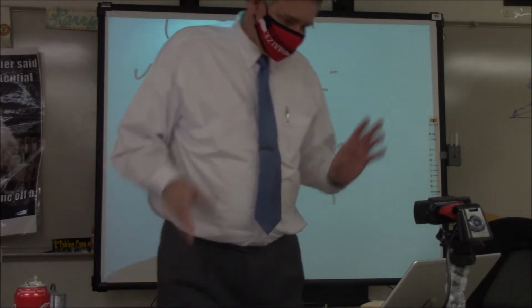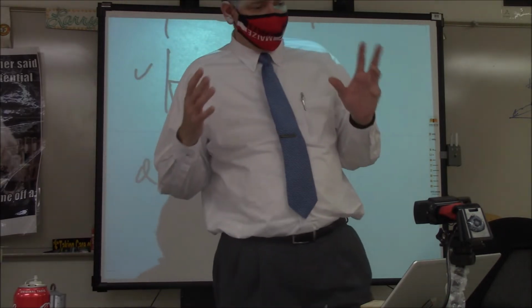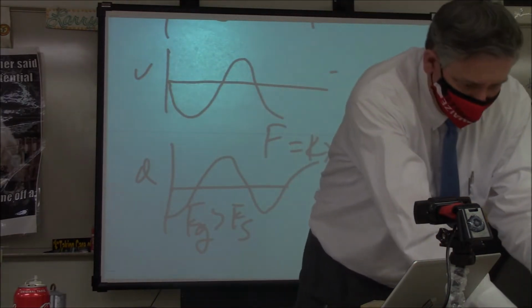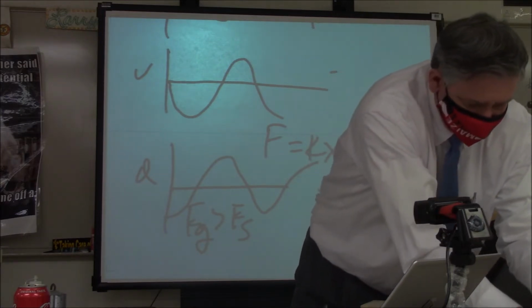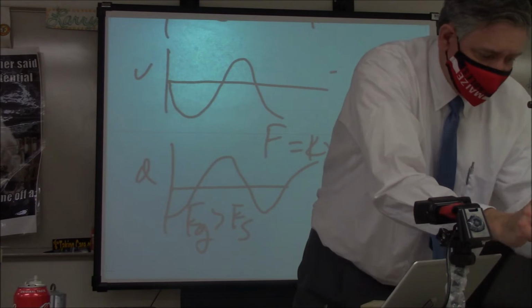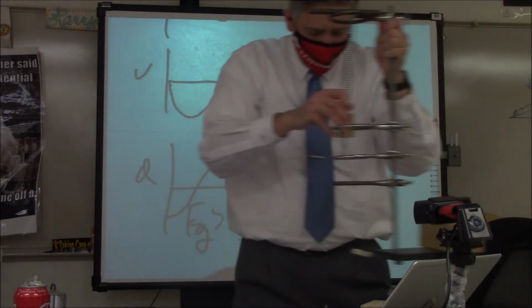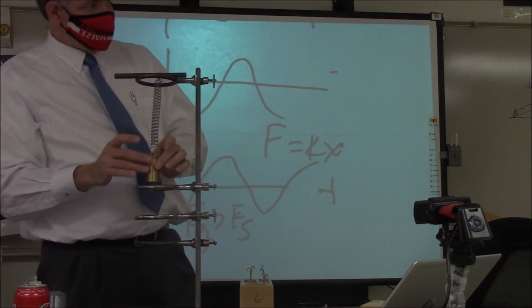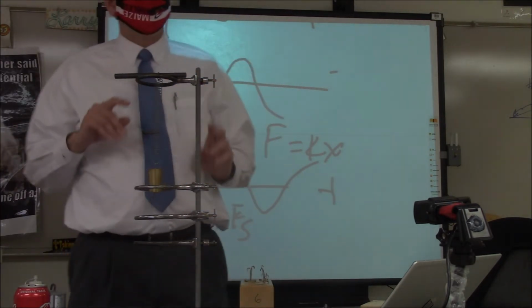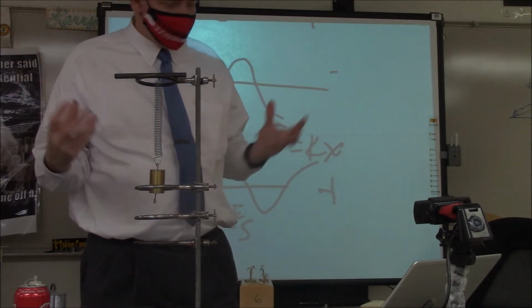Now, here's the deal. Let's say you have a spring like this, and you want to figure out the weight of this mass. We're going to figure out what's called the gravitational weight.